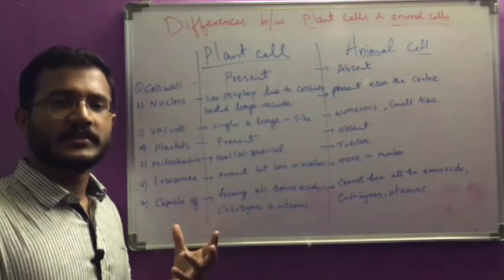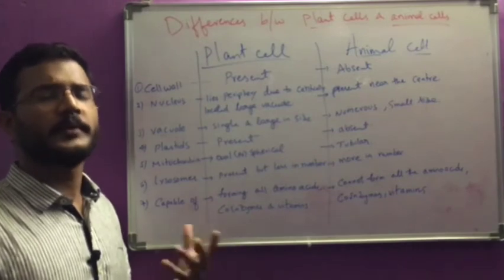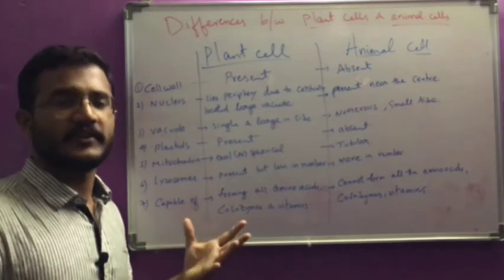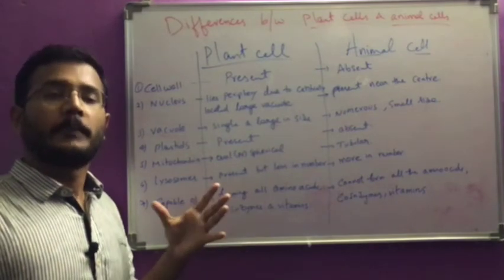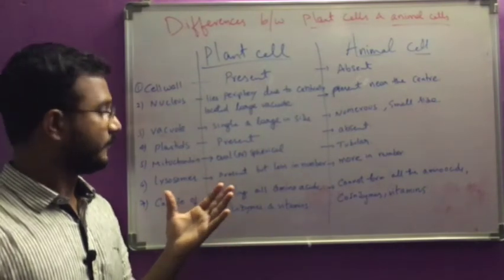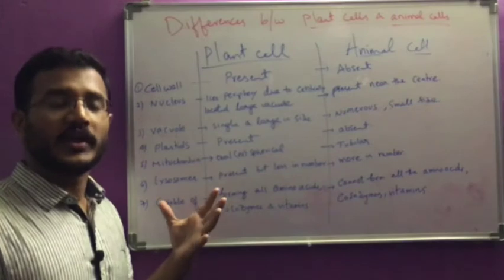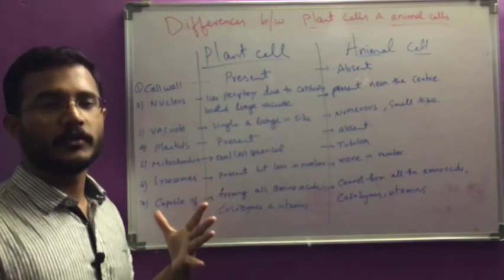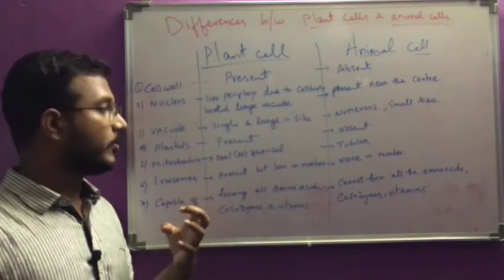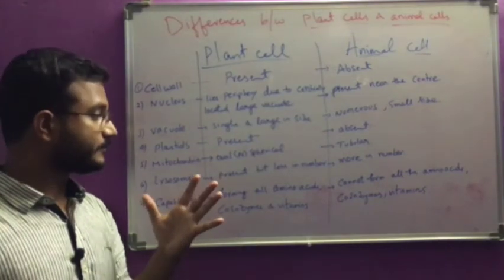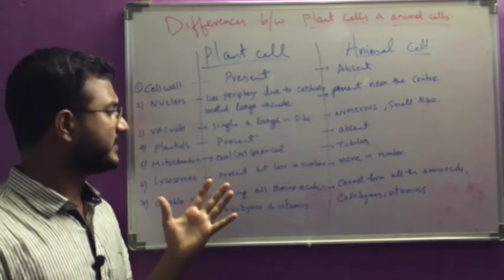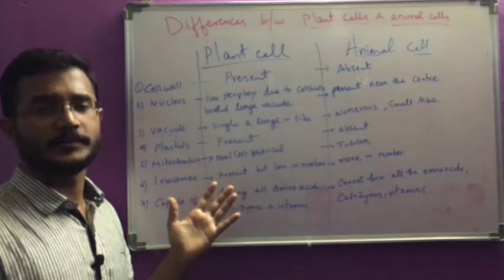The chloroplasts, leucoplasts, chromoplasts, so many plastids are there. We will discuss them when we discuss the topic of plastids separately. And mitochondria. What is mitochondria? What is the function of mitochondria? And what is the structure of mitochondria? We will discuss. Here in the plant cells, the mitochondria is either oval or spherical in shape.